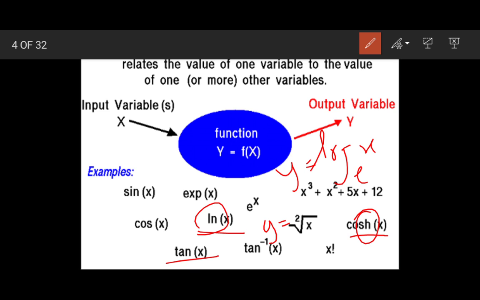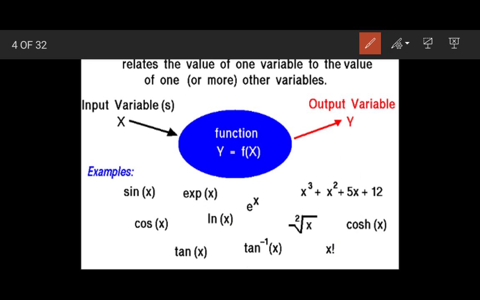Then y is equal to 10^x. y is equal to tan inverse x, an inverse trigonometric function. y is equal to x factorial. This sign means factorial. Okay, this exclamation sign is known as a factorial. So x factorial. All these are examples of function.